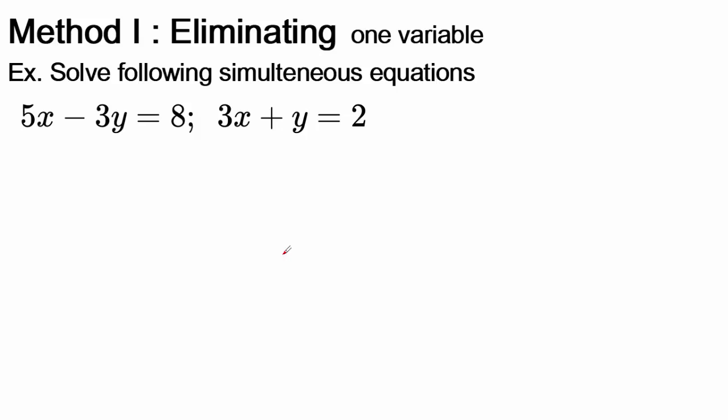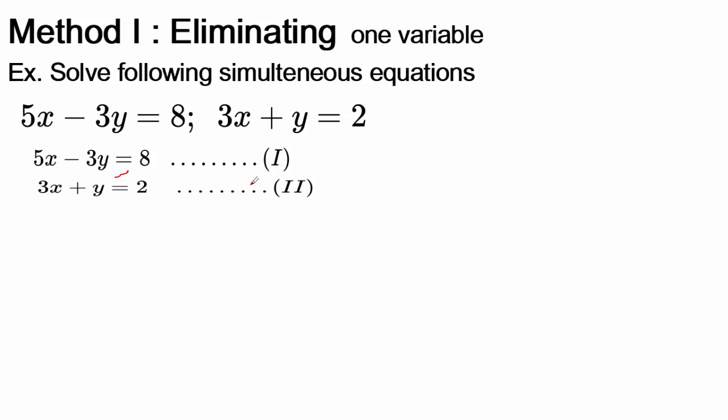For solving these two equations simultaneously, we shall number them. The equation 5x minus 3y equal to 8 is the first equation, and the equation 3x plus y equal to 2 is the second equation.